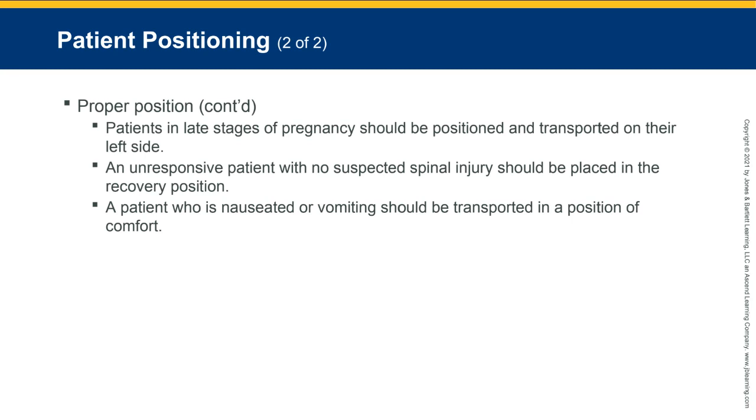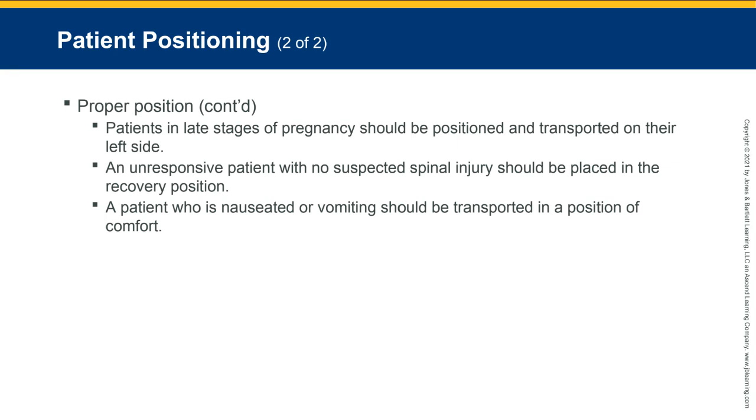So it can obstruct the veins, the vena cava on the right side, which reduces the venous return to the right side of the heart. So it can cause supine hypotensive syndrome.